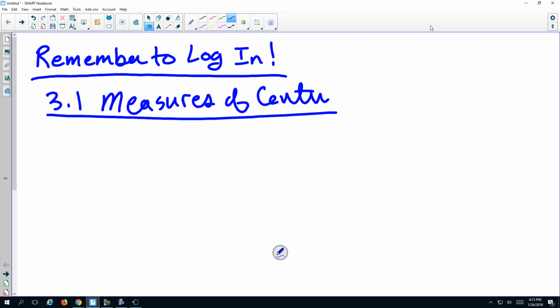So the first measure of center is the mean. And the mean is simply what you would call the average.